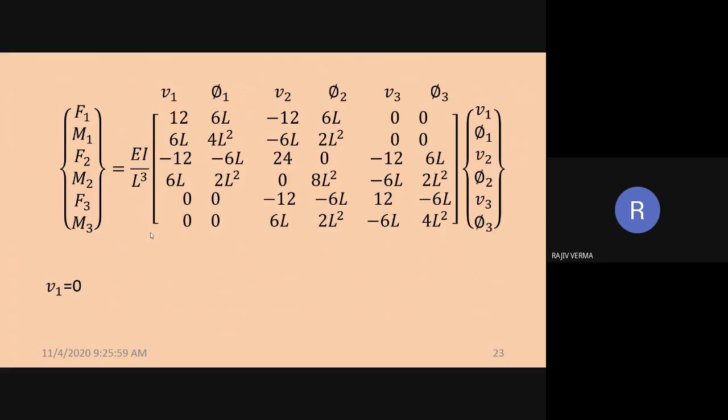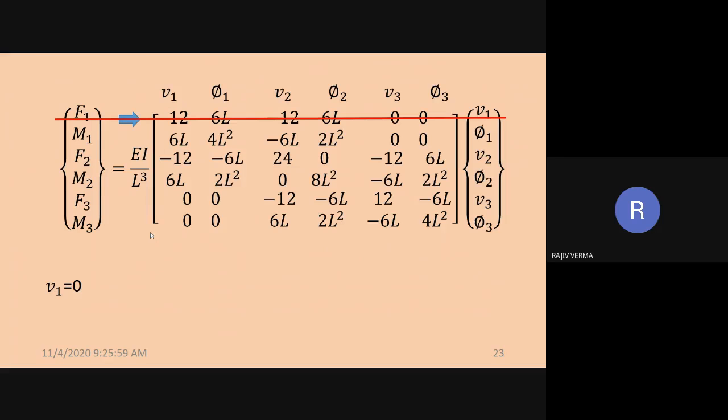But when the known parameter has a non-zero value, then this particular process is not really going to be applicable; then we have some other process. For the case when the known parameters have zero value, we simply strike off the corresponding rows and columns.